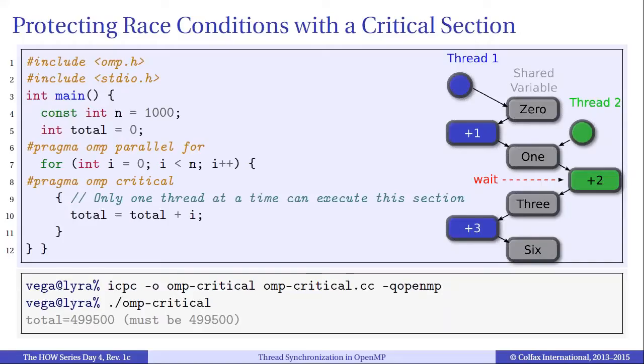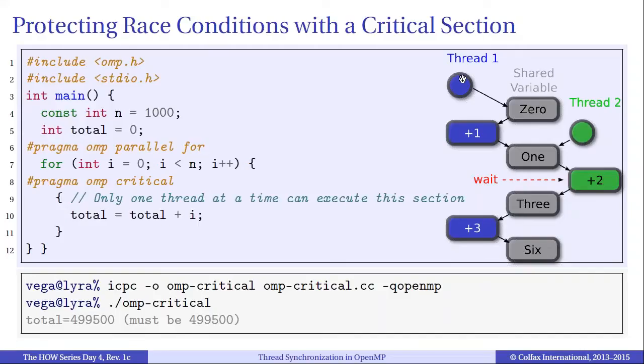Mutual exclusion means that only one thread can operate on a memory address or on a piece of code at a time. So when I have this operation with a race condition, I may want to say, well, I only want one thread to read this variable at any time.